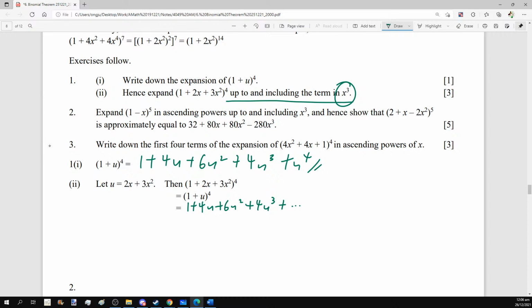I will deliberately ignore u to the power of 4 because the question says up to and including x to the power of 3. If even x itself only needs to go until 3, then obviously u itself doesn't need to go more than 3 either. From here, we will have 1 plus 4, and then we will replace all the u's with the actual meaning, which is 2x plus 3x squared.